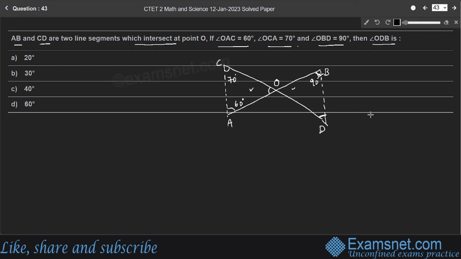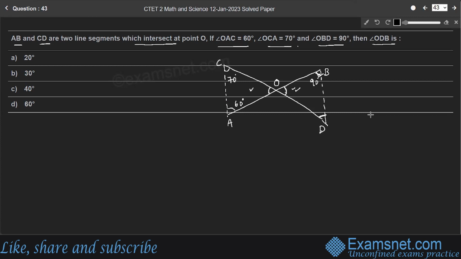Let us find angle O in triangle OCA. Angle O in triangle OCA is equal to angle DOB, angle O in triangle BDO. These two angles are equal because they are vertically opposite angles, right? So using angle O in BDO, we can easily find ODB.